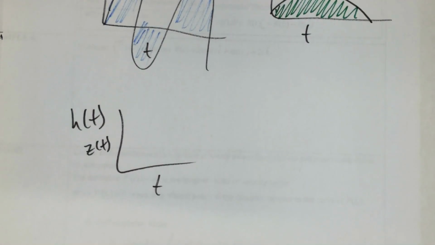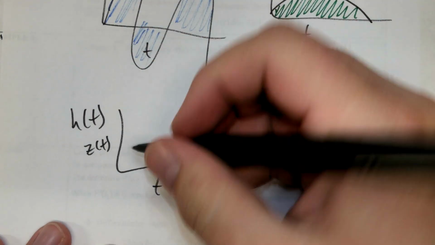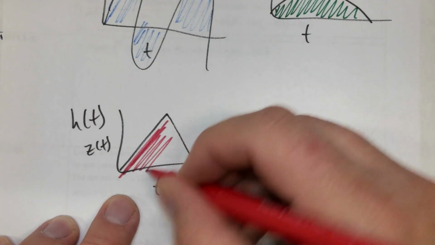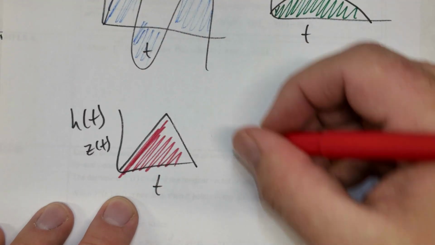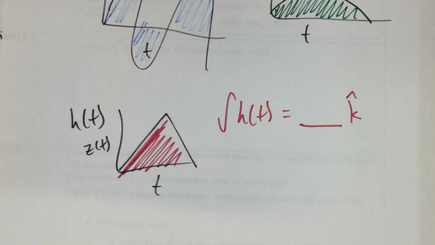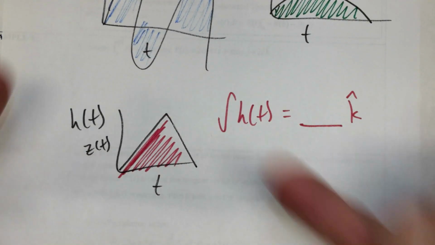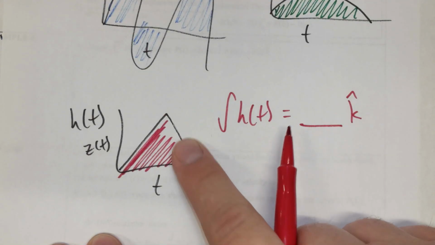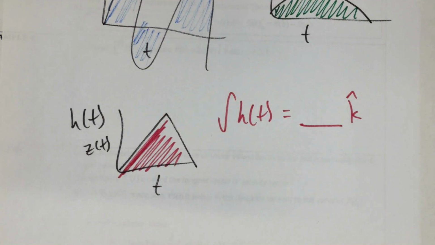I have some kind of curve over here. Not the nicest curve, but I would take this, and it would output that integral of h of t into the k direction. So when I integrate this, even though you might view it as a 3D function, it really is 2D functions.